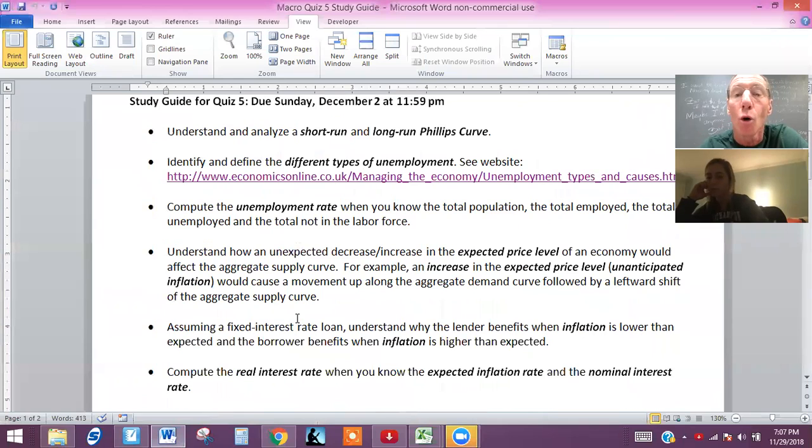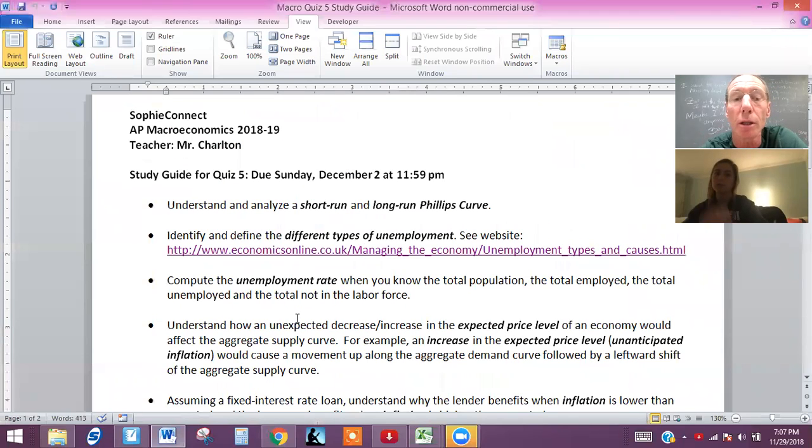Okay, let's see. So we want to be able to compute the unemployment rate when you know the total population, total employed, the total unemployed, and the total not in the labor force. So the key right here is the unemployment rate is based on the number of people who are not working who want to work.